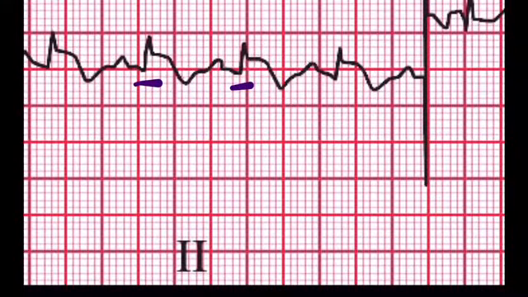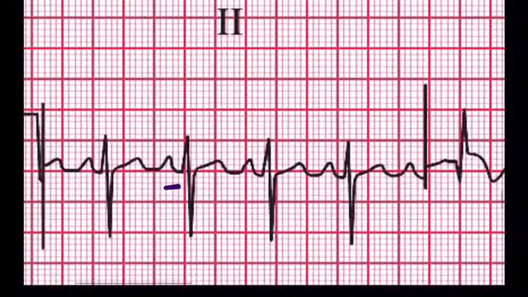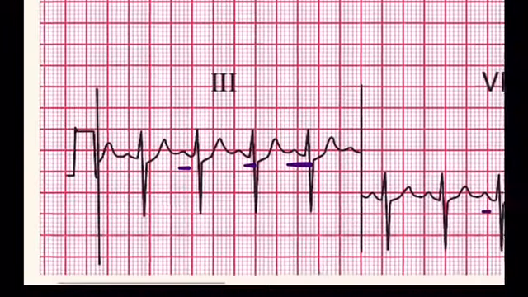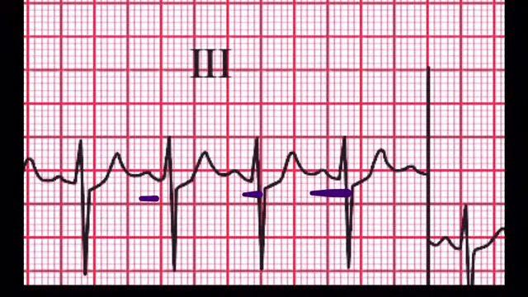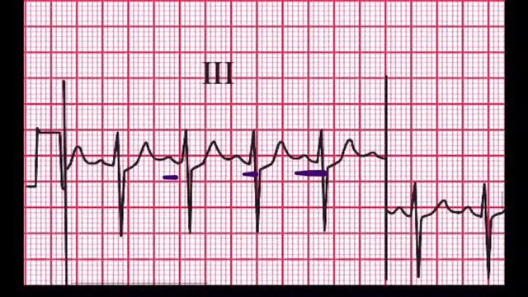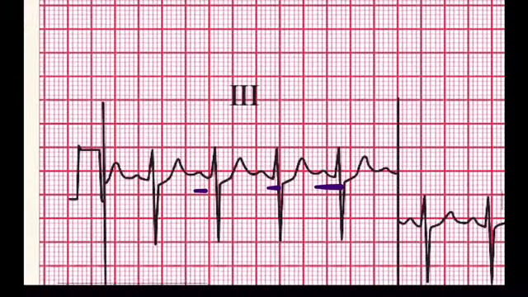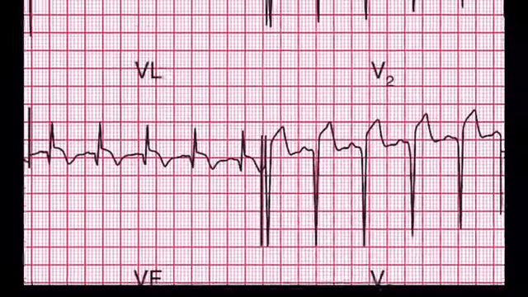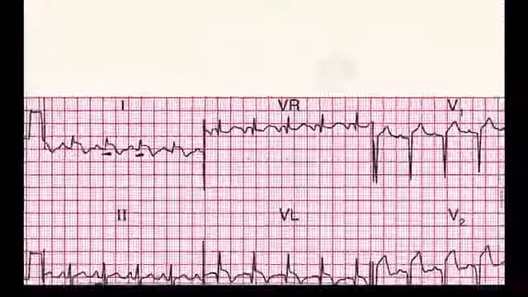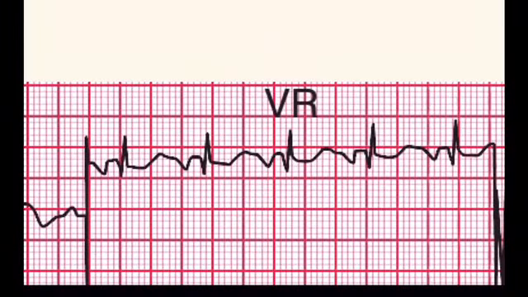Can you appreciate it here? No. V2, can you appreciate it? No. V3, can you appreciate any Q wave? I don't think so. Although it is prominent, it is not that significant. Check in the R wave. Can you appreciate it? No.